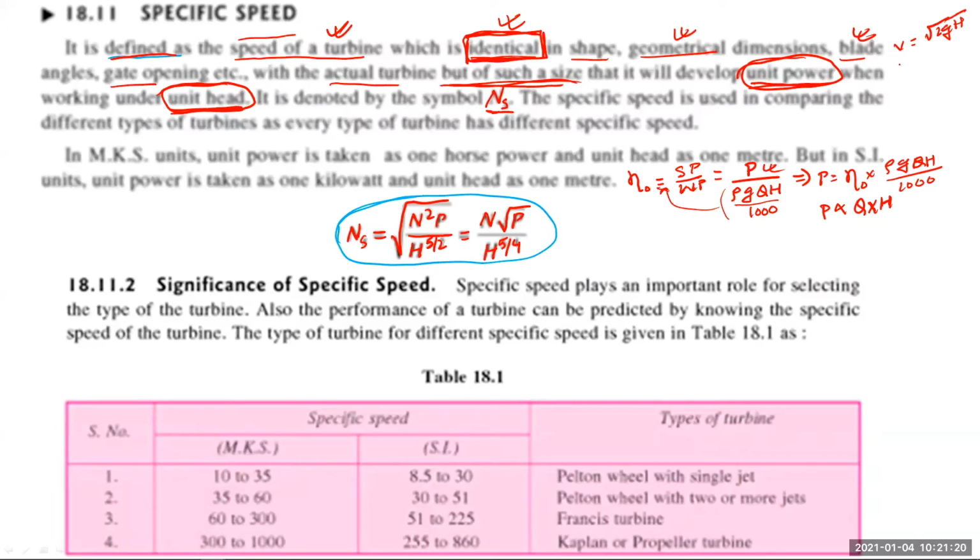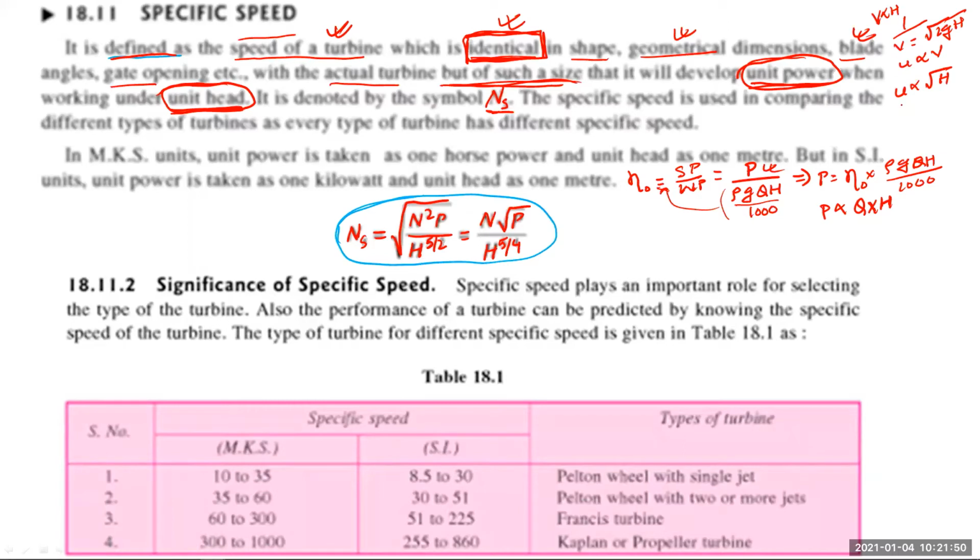That is your peripheral velocity of the turbine, and U is directly proportional to V. From this expression we see that U is directly proportional to root under H.